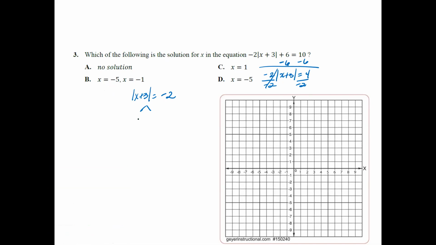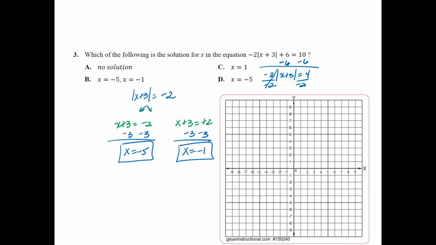So we're going to go ahead and split that: x plus 3 equals -2, x plus 3 equals +2. And then we're going to subtract a 3 on both sides. x equals -5, and x equals -1. So which one does that match? B is it.